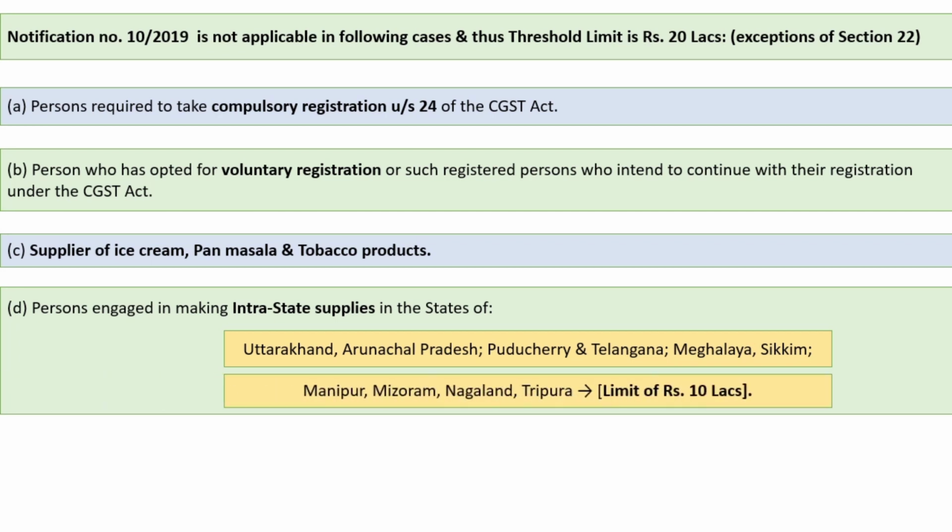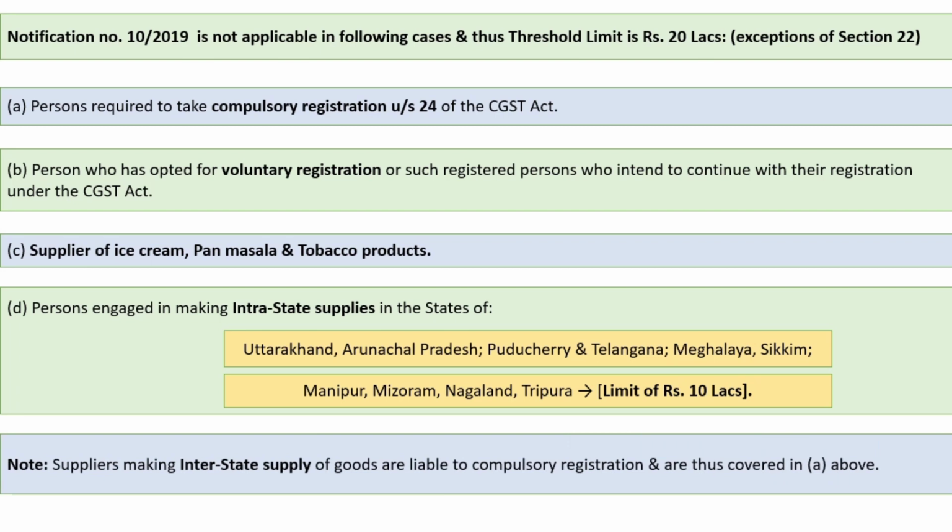And second one, Manipur, Mizoram, Nagaland, Tripura, limit of 10 lakhs. That means if a person is doing intra-state supply in Uttarakhand, Arunachal Pradesh, Puducherry, Telangana, Meghalaya and Sikkim, the limit is 10 lakh. But for Manipur, Mizoram, Nagaland, Tripura, the limit is 20 lakh, if they are doing intra-state supply within these states.